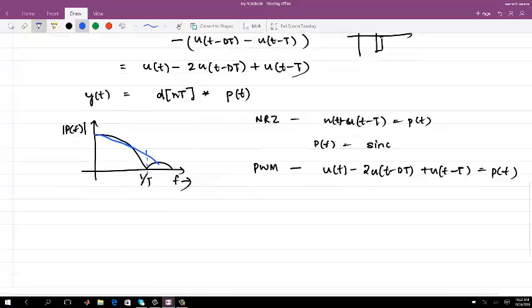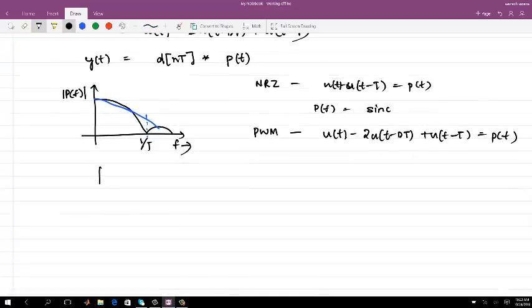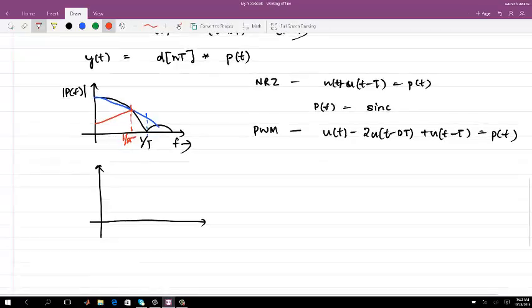So this is just the pulse waveform, right? Let me just show you the equalized waveform. We know that the equalizer will be something like this. Let me plot it on a log scale, and I put this as 1 by 2T, like Fs by 2.